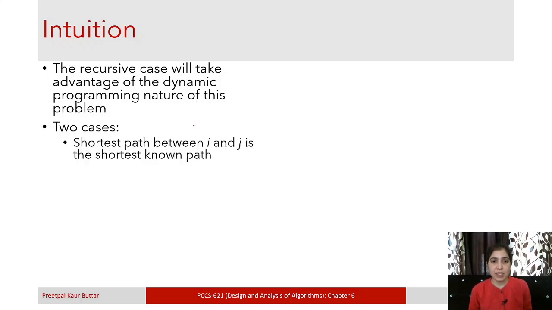The first case is that the shortest path between I and j is the shortest known path. What does this mean? So we were talking about I, then intermediate edges were there, suppose V1 to V2, and there are some k number of intermediate vertices, and then we reach j. Okay, so here we recursively solve the problem.